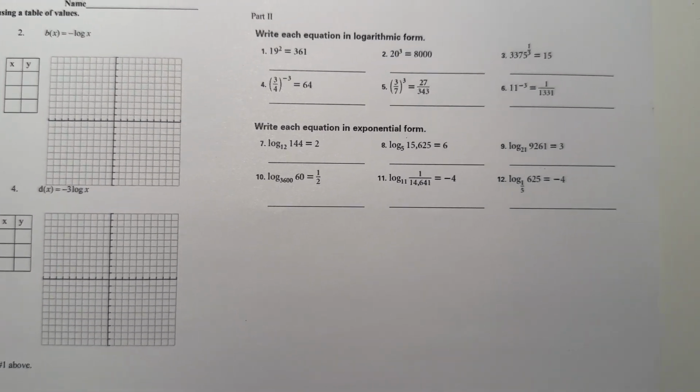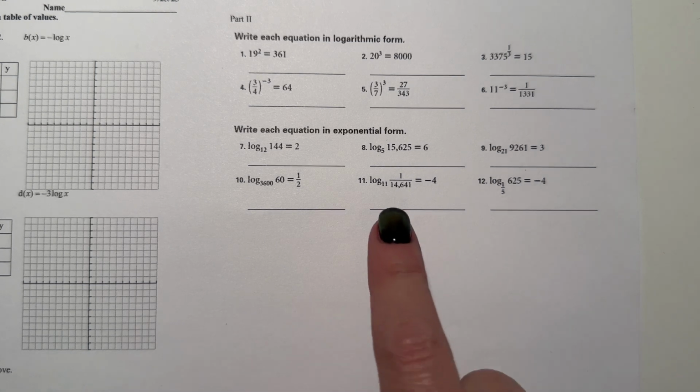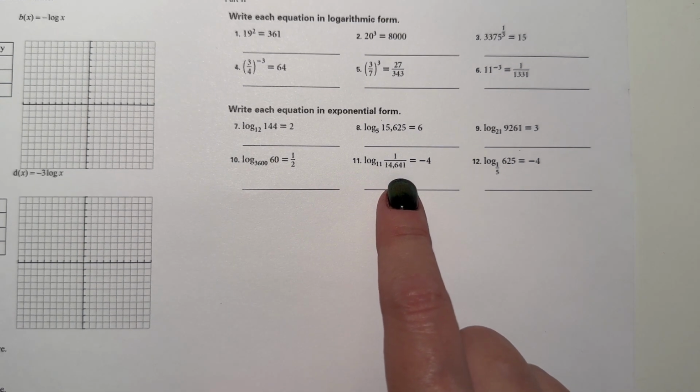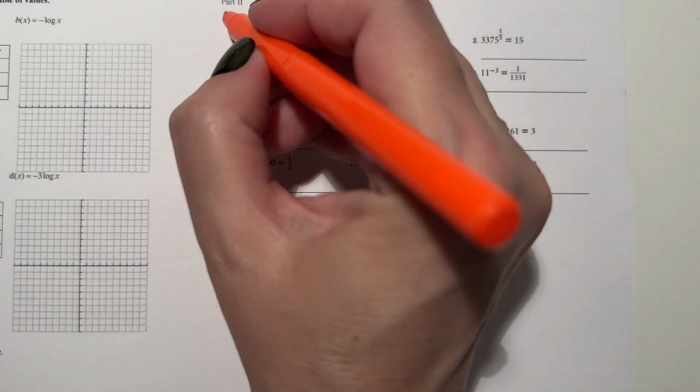Over here, these are really straightforward. They're just asking you to convert from log form to exponential form. That is all you have to do. Yes, some of them look crazy. That one in particular looks absolutely bananas, but it is not asking you to put them in your calculator. Do not evaluate. Just write.